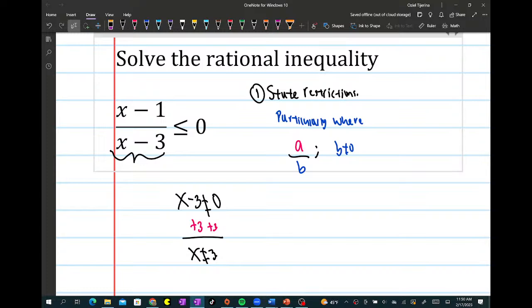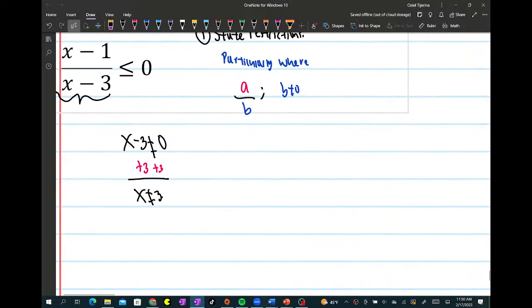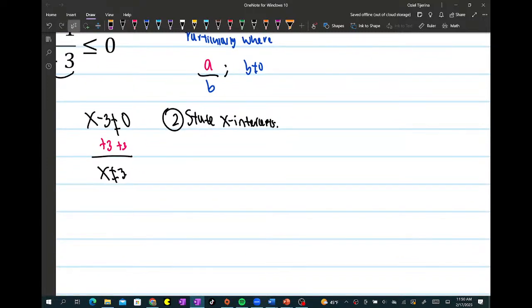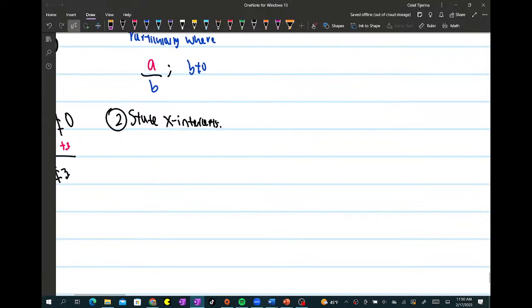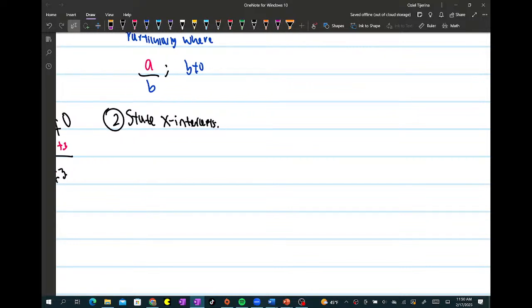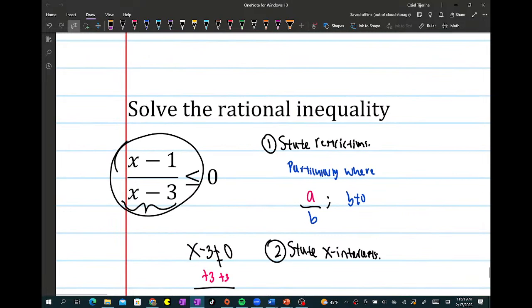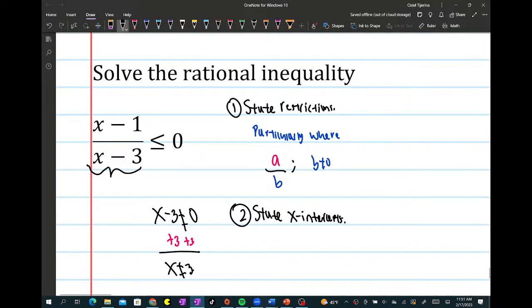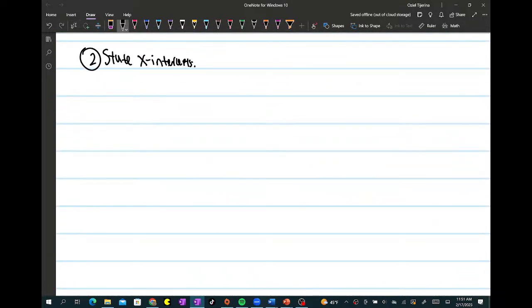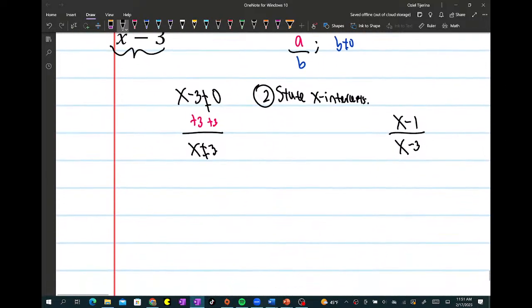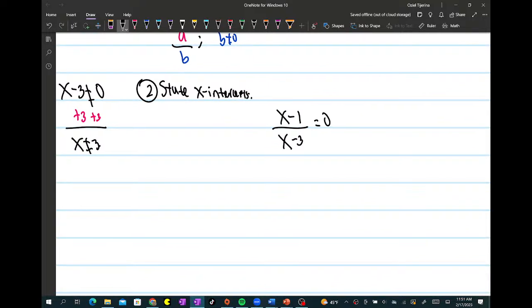The other thing is you want to make sure and state your x-intercepts. Okay. So the x-intercepts basically are where you make this following expression equal to 0. So x minus 1 over x minus 3 is equal to 0. Basically, that's what you do.